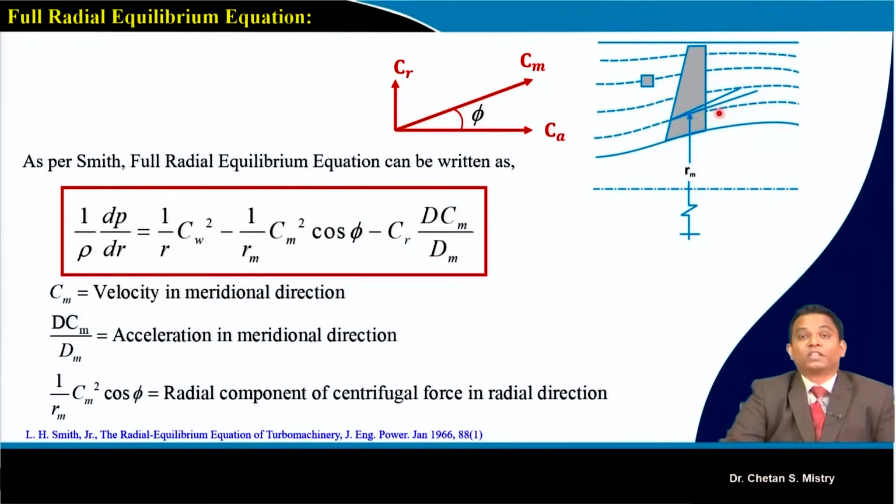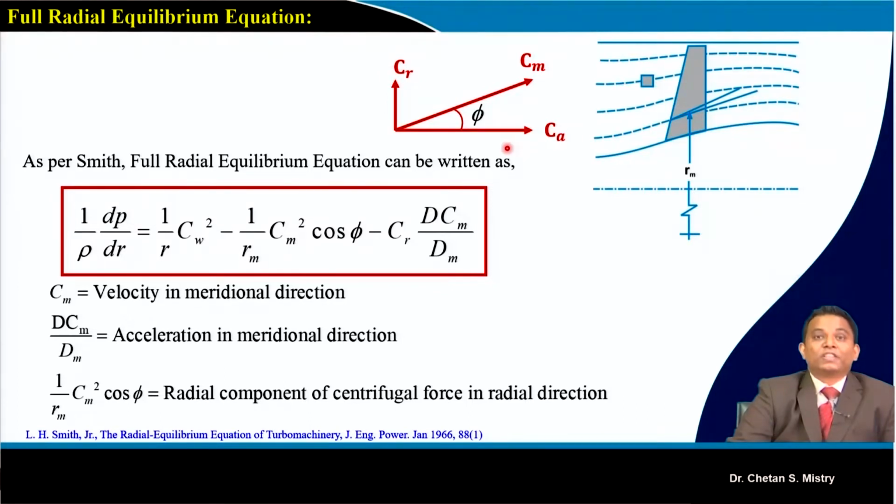Now let's try to understand what exactly the meaning is here. Because of the flow passage, because of the change of area, we will have a radial velocity coming into the picture. To simplify that case, they have considered this axial velocity component, you can see the magnitude, and here we have the radial velocity component.